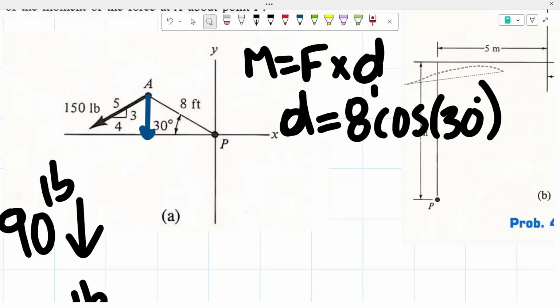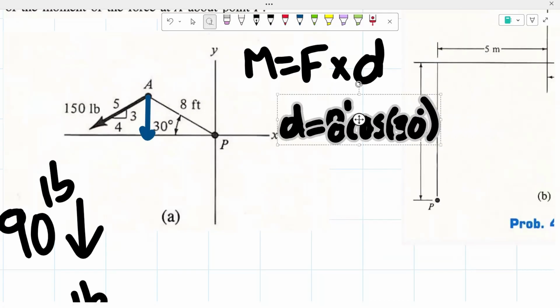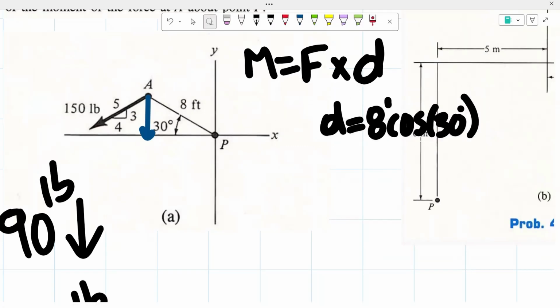Now, we're going to try to find the distance for our horizontal force. So our horizontal force is, in a way, coming right here and going straight up, right?